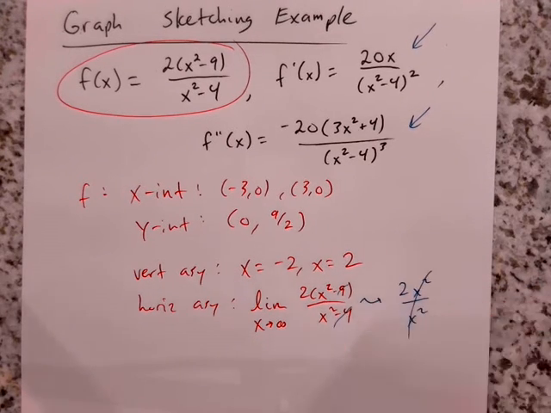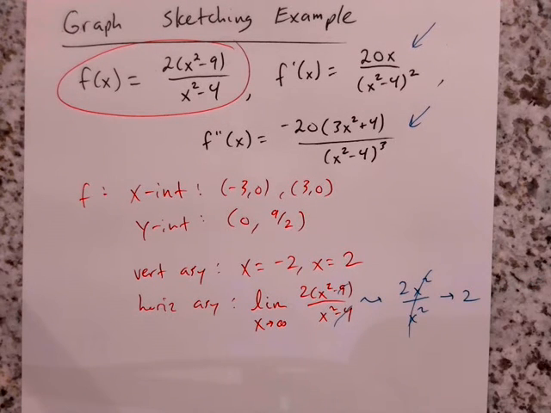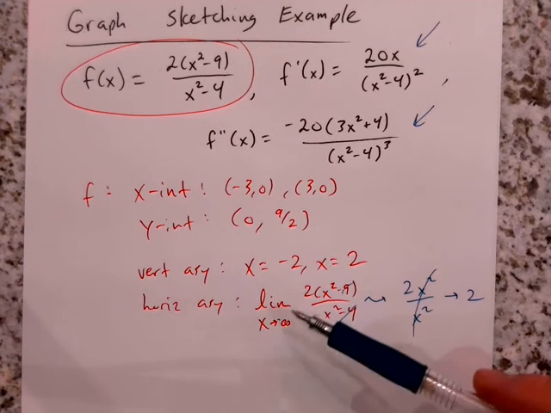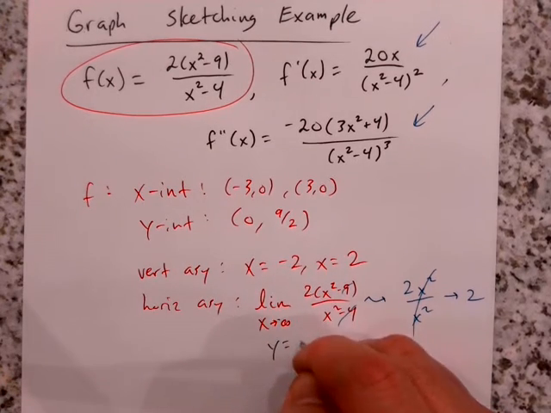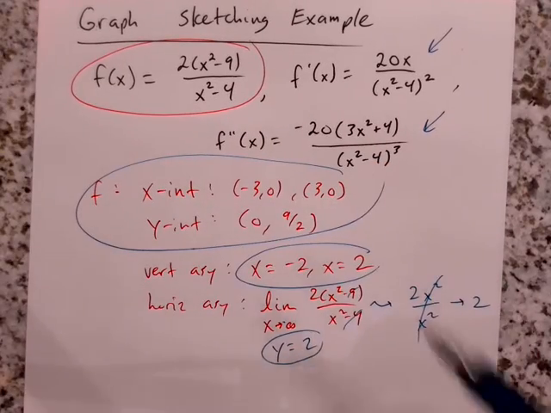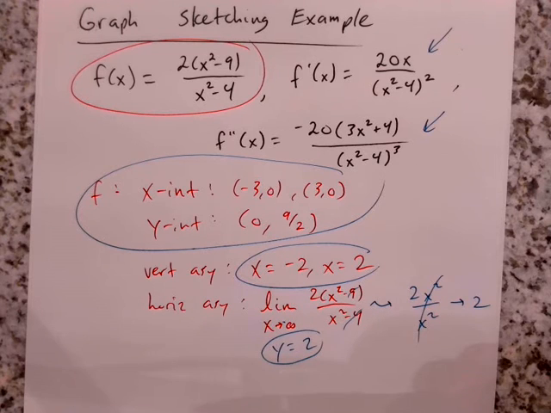The x squareds cancel out, and so our function essentially turns into 2. For huge values of x, our function turns into 2. If it was x going to negative infinity, same thing happens, we get 2. So we have one horizontal asymptote, it's y equals 2. So now we know where our graph is, and we know lines that our graph must follow. A whole bunch of 2's.